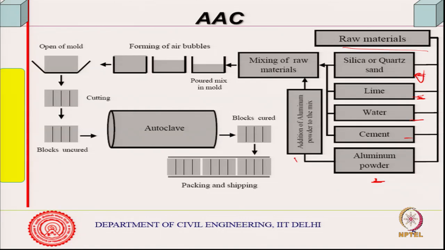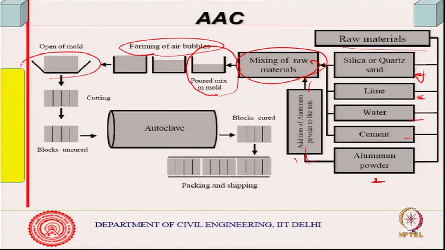So, this aluminum powder together with all these raw materials is mixed and put into the mold. There will be formation of air bubbles, and in the mold you get large units which are cut into pieces. These blocks are then put into the autoclave, cured, then packing and sampling.